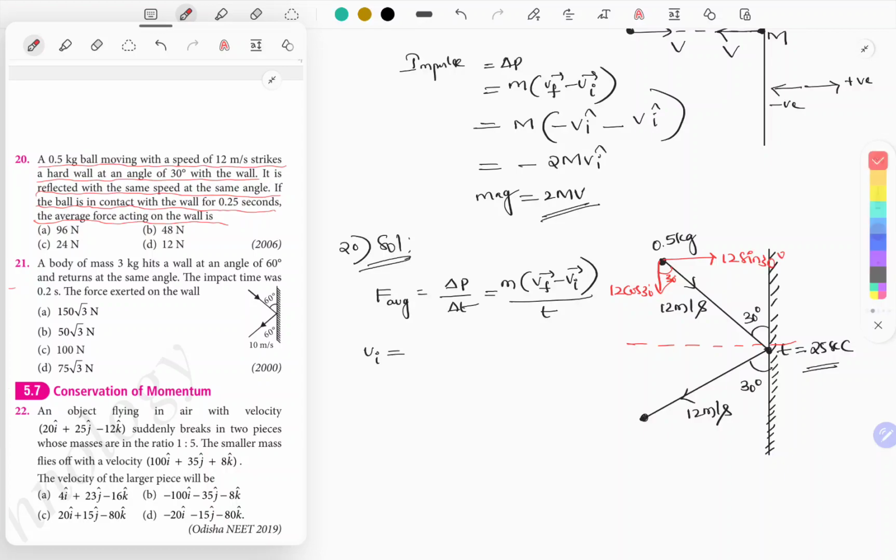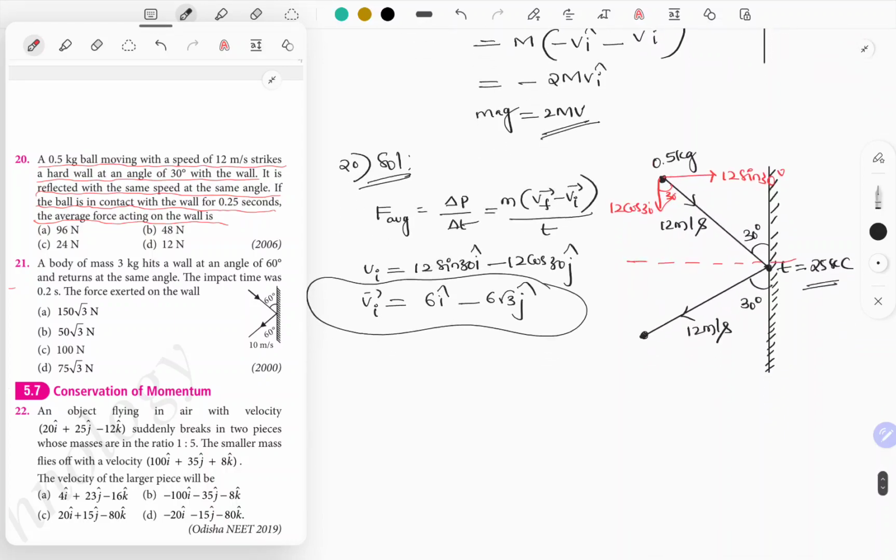So it is 12 sin 30 i cap minus 12 cos 30 j cap. As it is downward, I represented it as minus j cap. Sin 30 is 1 by 2, 1 by 2 into 12 is 6 i cap, minus cos 30 is root 3 by 2, root 3 by 2 into 12 is 6 root 3 j cap. This is Vi, the initial velocity.